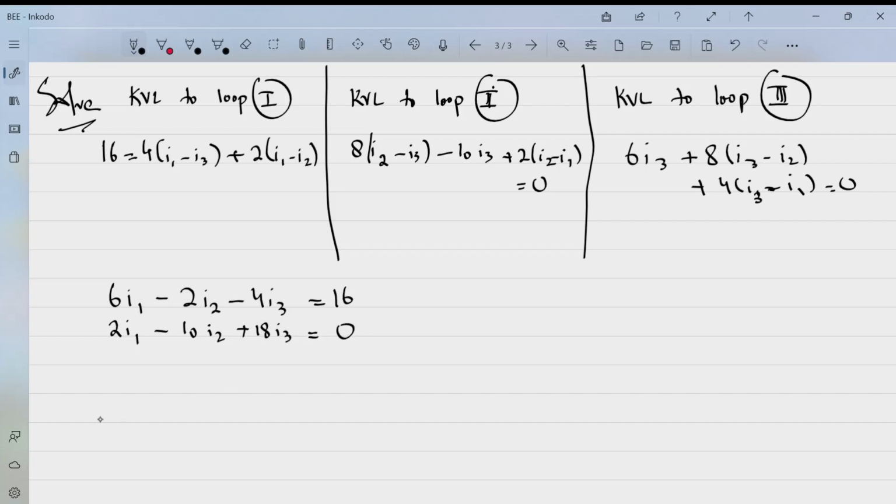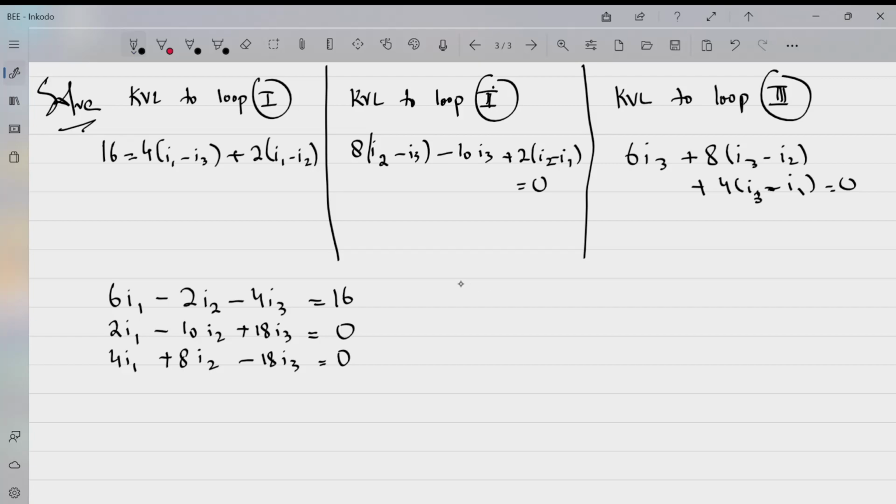Third equation is 4I1 -8 I2 18 -18 I3 is equal to 0.